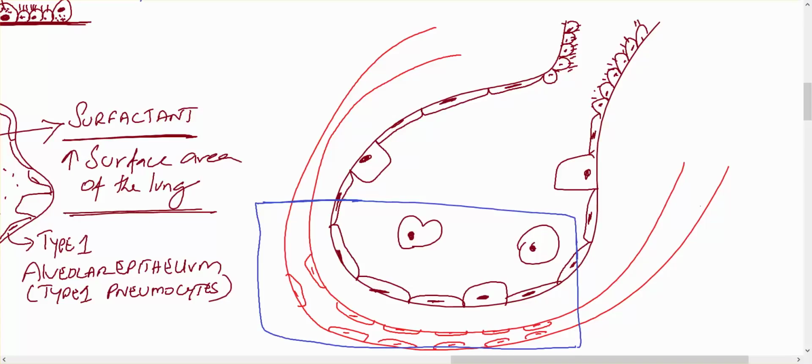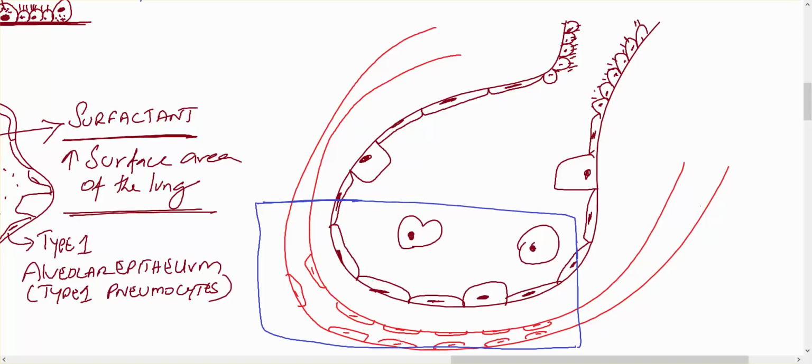What is the area of gas exchange? The alveolar epithelium and the alveolar capillaries, that is the pulmonary capillary endothelium. This epithelium sits on a membrane, right? So we call it the alveolar epithelial membrane that contains alveolar epithelium, and for the capillaries, we call it the alveolar capillary membrane that contains endothelium.